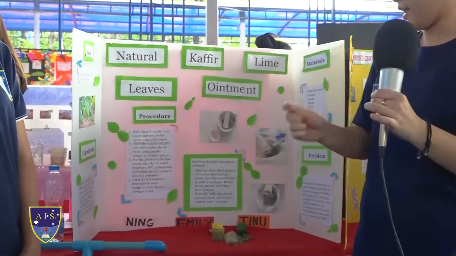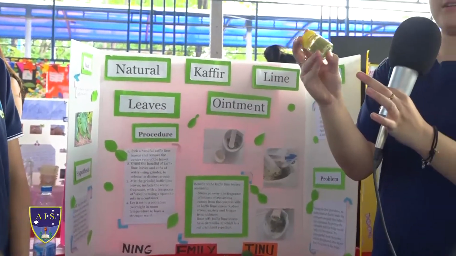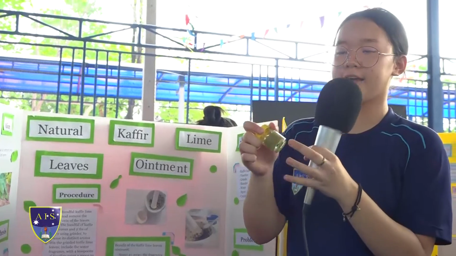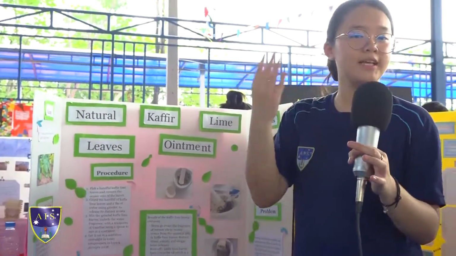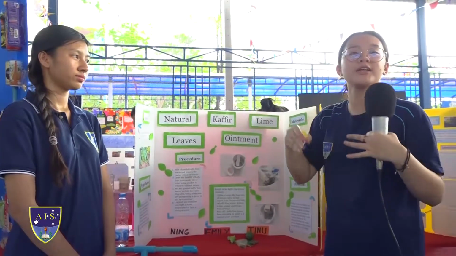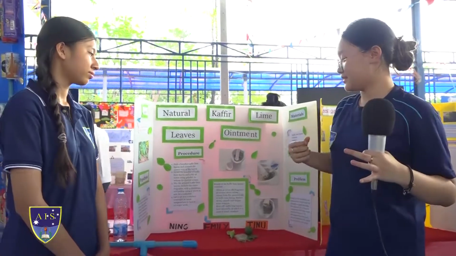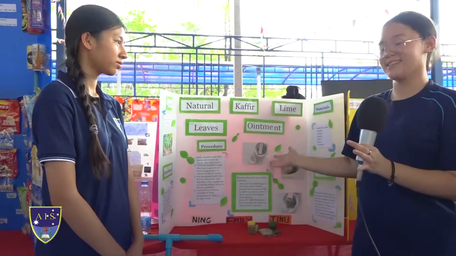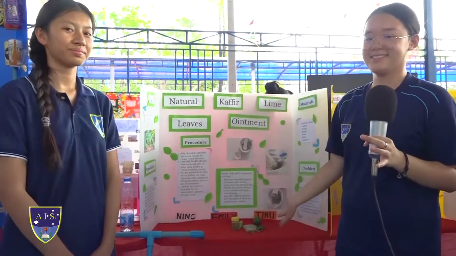We mix it into the container, like this. The purpose of it is for insect repellent, and you can use it when you feel like you're stressed. Yes, it helps you to relieve your stress. This is what our project is about.